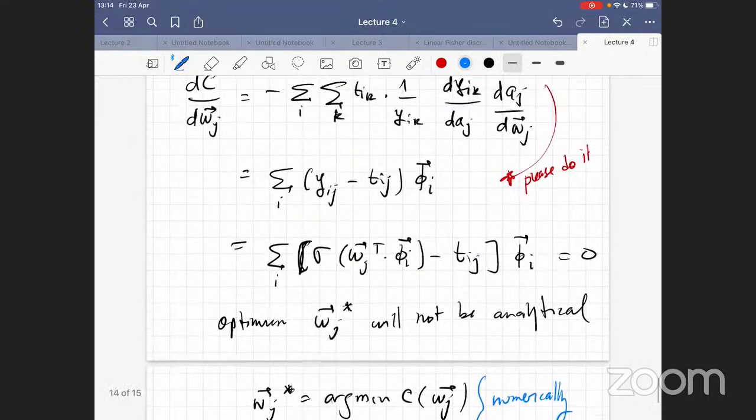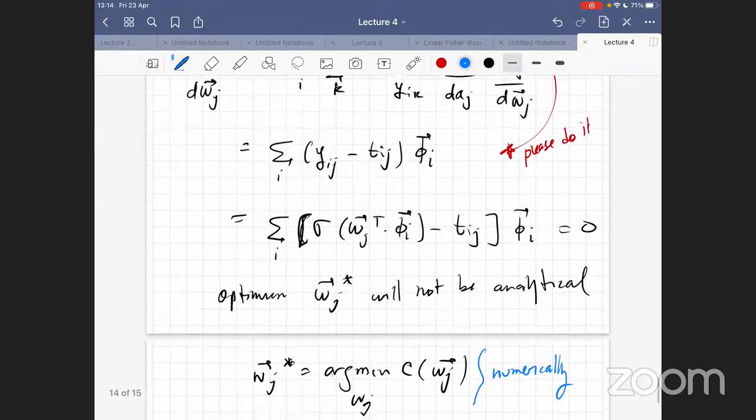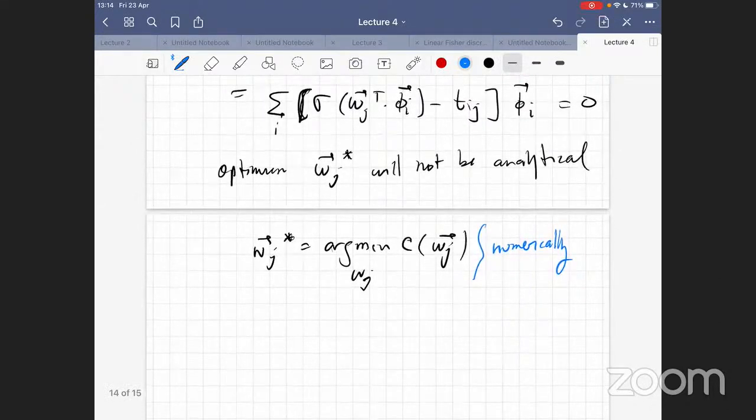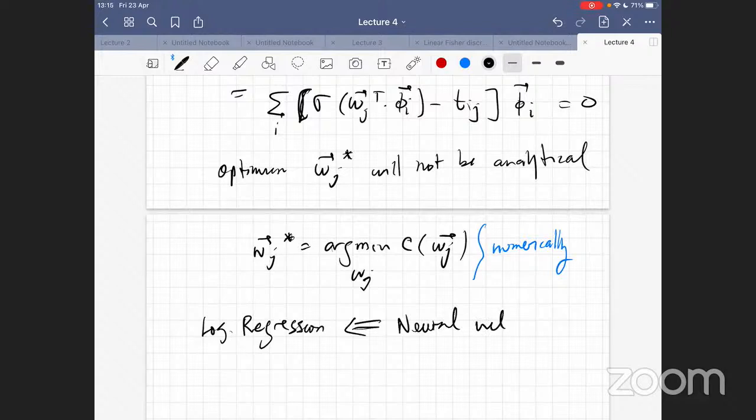But this is very simply what logistic regression is. We will see that logistic regression is a very simple simplification of a neural net. There's a limit where, if you take no hidden layer, you end up having this.